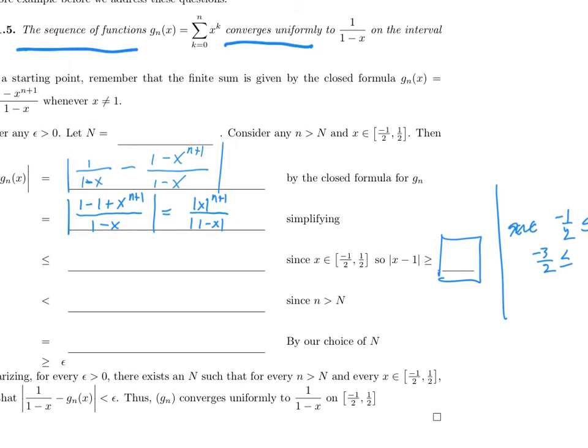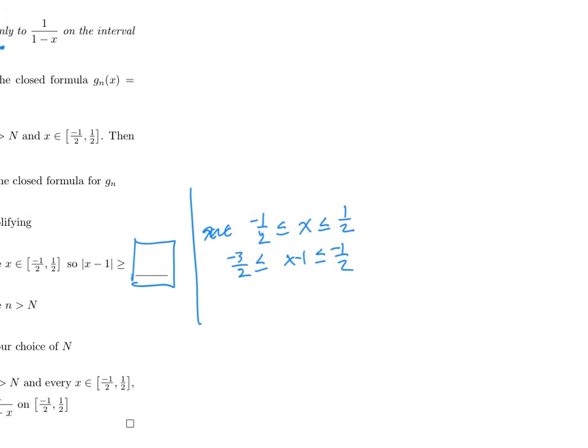And notice that 1 minus x is in the denominator. I would like to make the whole thing bigger, so I want to make the denominator itself smaller. So what is the smallest that denominator can be? Everything here is negative, so this has to be negative. So 3/2 is bigger than or equal to the absolute value of x minus 1, which is bigger than or equal to 1/2.